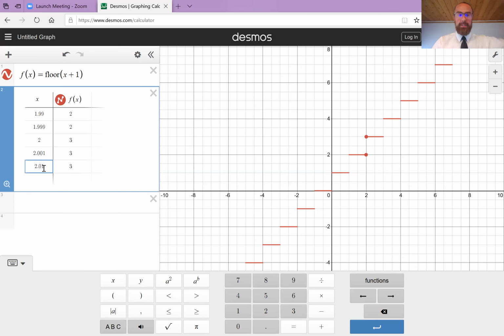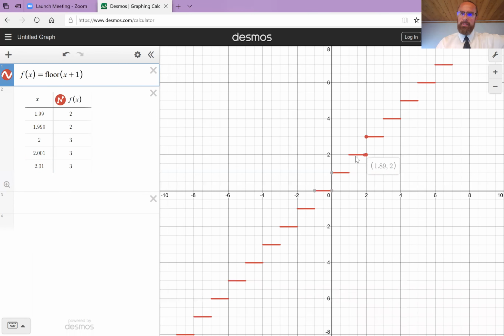So what we see is that to the left of 2, the values for this function are 2. So that's on this step right here. If you see here, I'm trying to animate on the graph itself. When I reach 2 itself, I bump up to the next step, and the output, which we can see in our table, is 3 all the way to the right until I get to 3, and then it bumps up. So let's record that, and then we'll make a final answer for our evaluation of this limit.